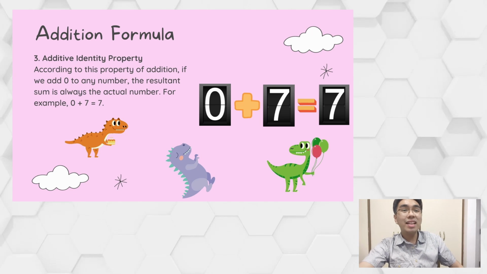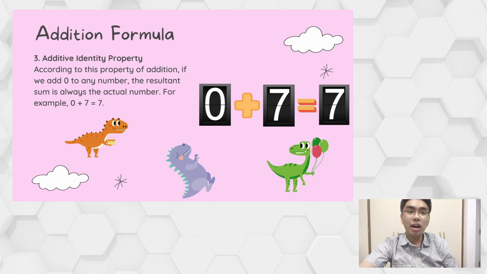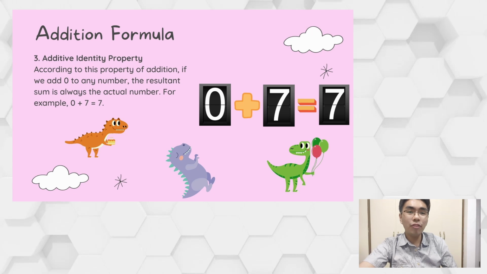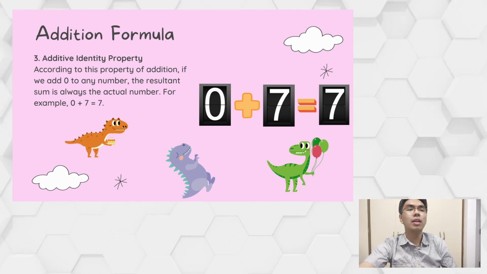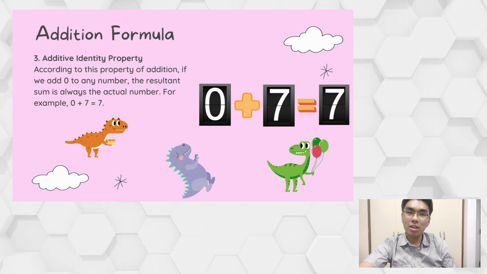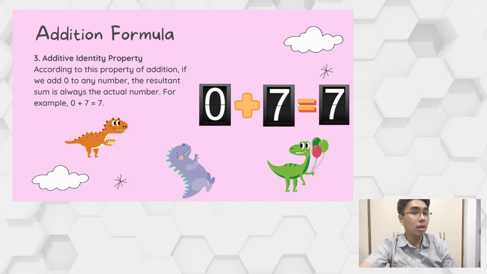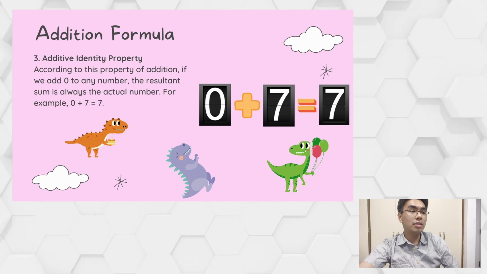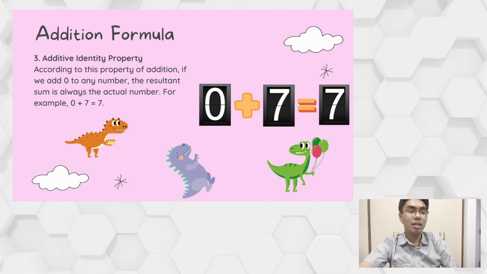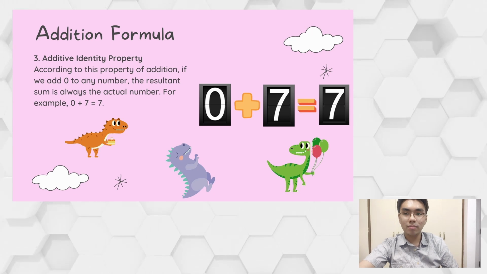Third is the additive identity property. According to this property of addition, if we add 0 to any number, the resultant sum is always the actual number. For example, 0 plus 7 is equal to 7.